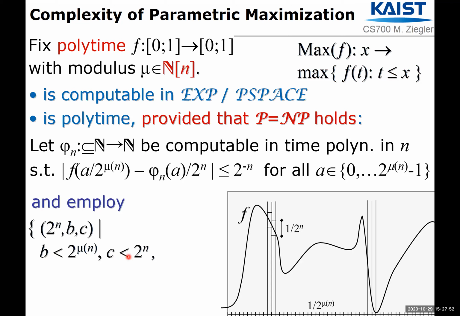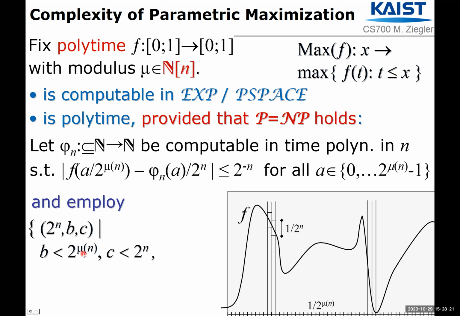So c is a bound on the numerator occurring as possible values of the function, right? This is a function on the unit interval. So the largest numerator when approximating the function value up to error 2 to the minus n by a dyadic rational will be 2 to the n.